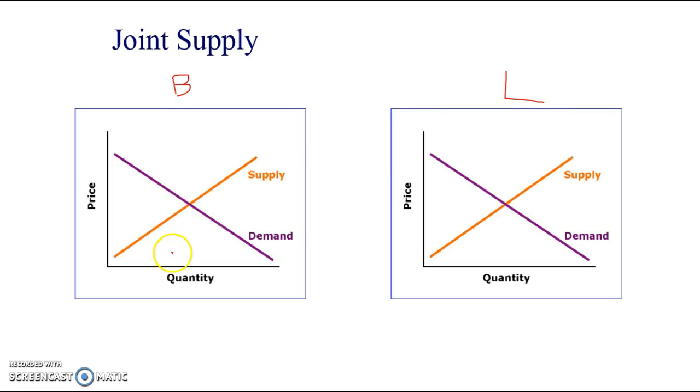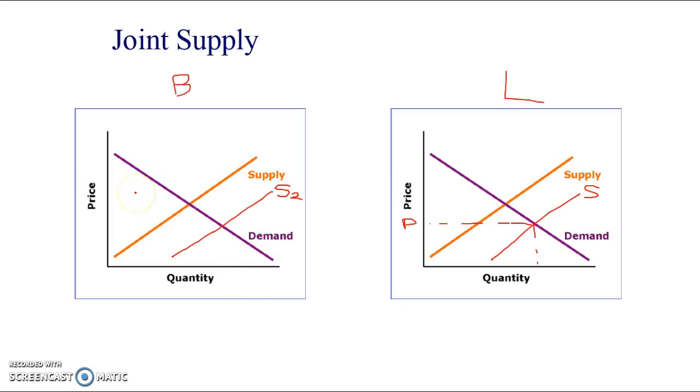So if, for some reason, there's an increase in the supply of beef, technological advances, or we just realise that there's a better way of looking after cattle, and we're able to get more cattle to adulthood, whatever reason it is, subsidies, anything that's going to shift supply outwards, we're also going to have an effect on the market for leather, and we're also going to shift that out because leather is going to be this kind of byproduct of producing more beef. So we're likely to see a fall in the price and an increase in that equilibrium quantity as well.